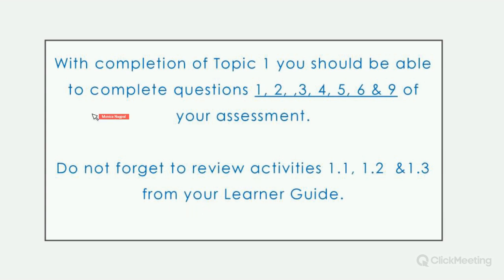In the meantime, what I will suggest is go over the readings and work through activities 1.1 to 1.3 in your learner guide. And then next week, before starting topic 2, I will go over these assessment questions and we'll see how we can address them.